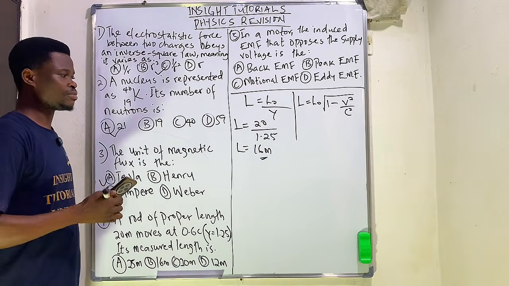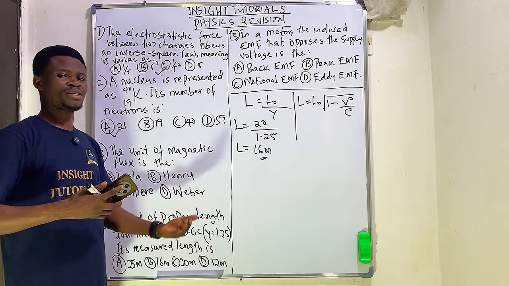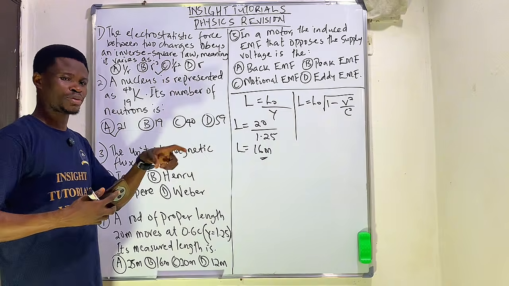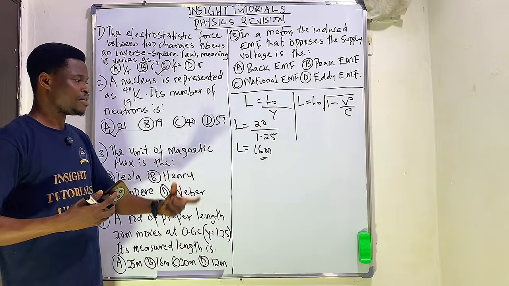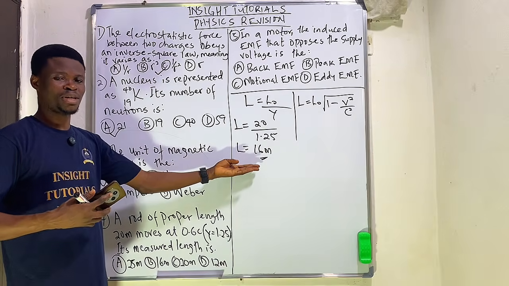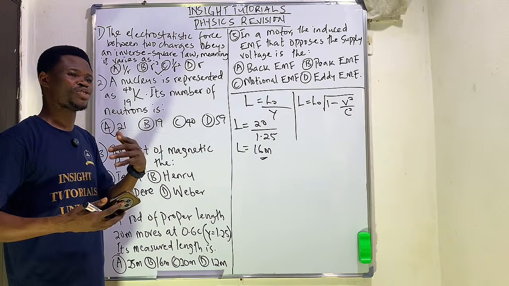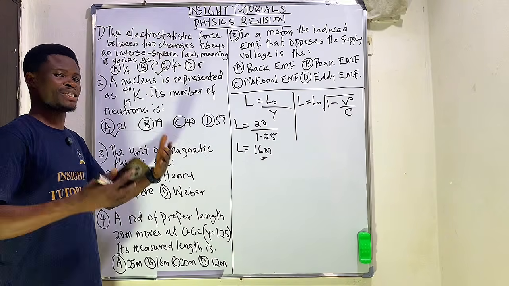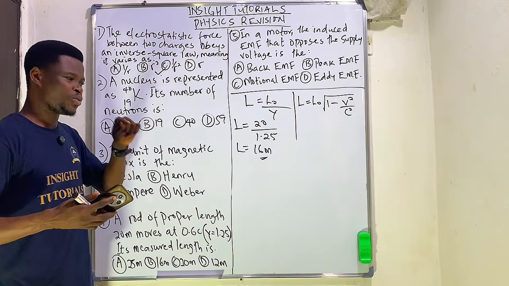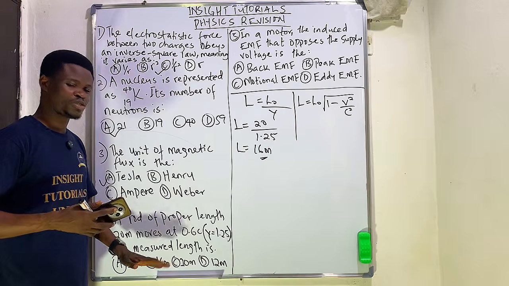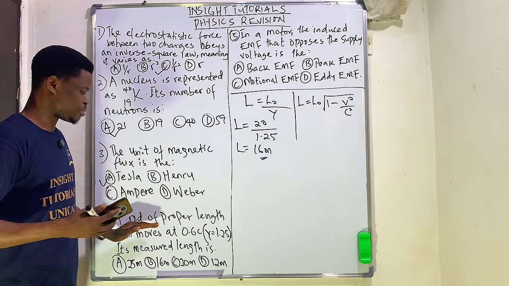Notice that the contracted length, as measured by a person outside a moving vehicle who is observing it as it moves, is 16 meters because of the speed at which that particular vehicle passes. So the observer is not measuring it in its proper state. The person in the vehicle is the one that will measure the object in its proper state.